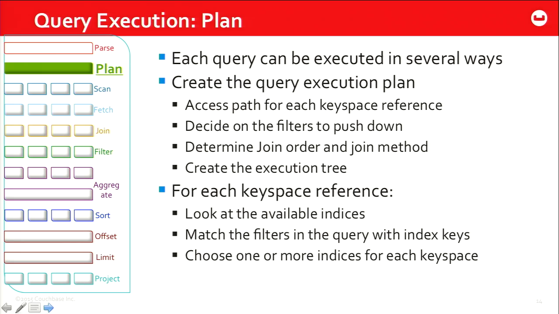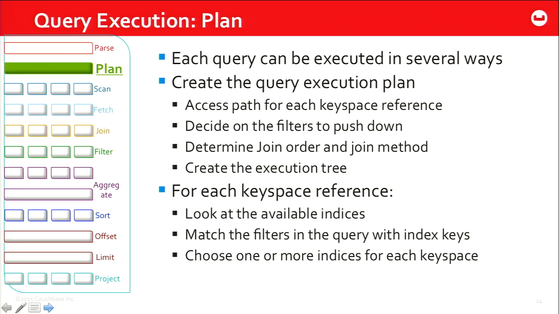And then for each key reference, as I said earlier, we look at all the indices available for that particular key reference. We also group the filters available so that we can maximize pushing down the filters for the index scan. That's the whole idea of using the index, right?